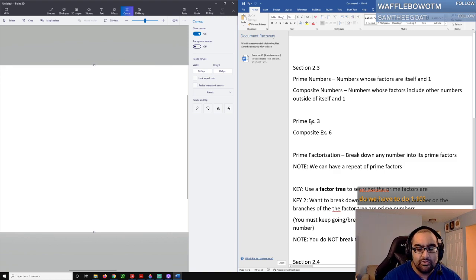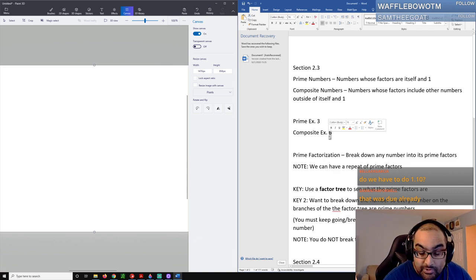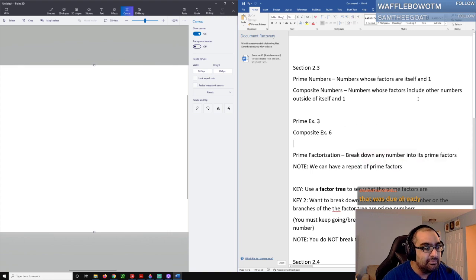No other numbers divide 3 but those two. Composite numbers are numbers whose factors include other numbers outside of itself and 1. An example of that is 6. 1 and 6 obviously divide 6, but also 2 and 3 divide 6. That's why 6 is a composite number as well.